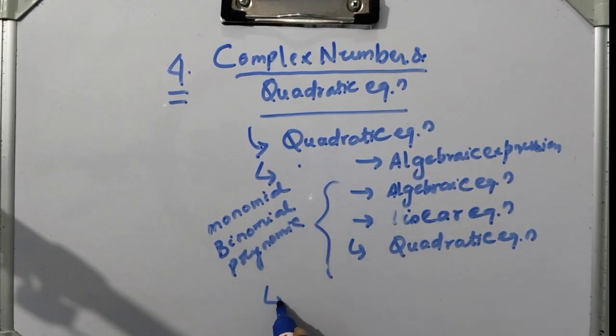then we will come to complex numbers. Okay, complex numbers.